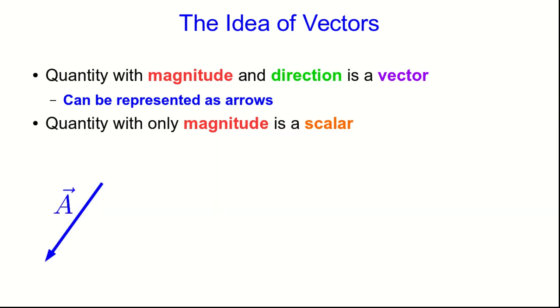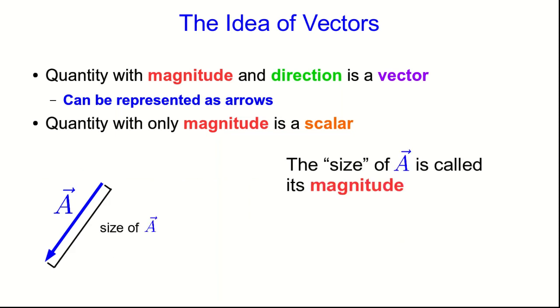Let's go back to thinking about this vector A that I drew. I've drawn it with some length, and we can think of that as representing its size. But note, A might not be a vector that's measured in units of length. It could be a velocity, or a force, or an electric field, so it could have other units.